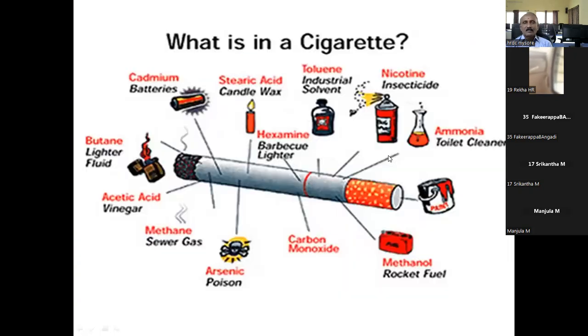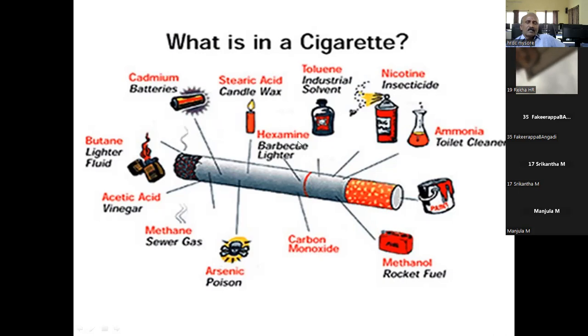It may be resulted because by smoking a single cigarette, you are releasing various cancer-inducing chemicals. Here I am showing you some of the cancer-inducing chemicals in this photo. So it releases various compounds: acetic acid, methane, arsenic, carbon, ammonium, hexamine. So these are all various chemicals.